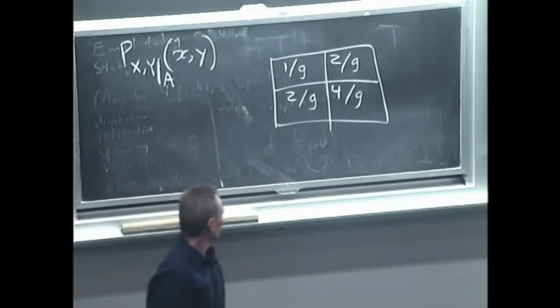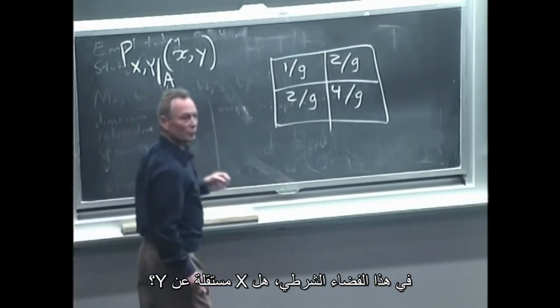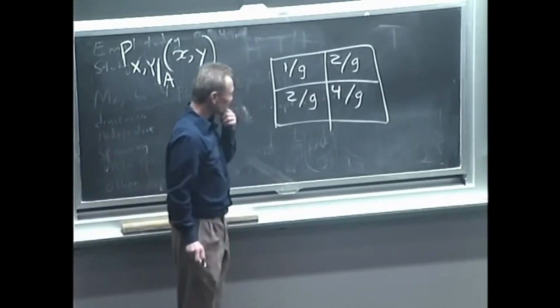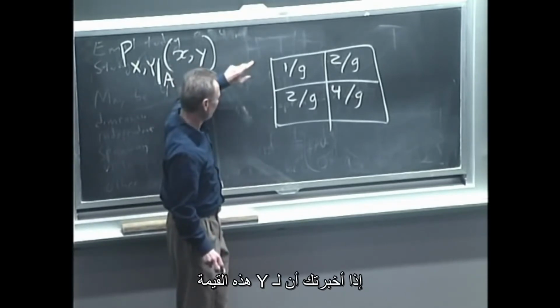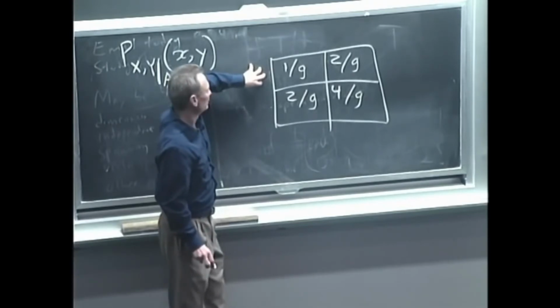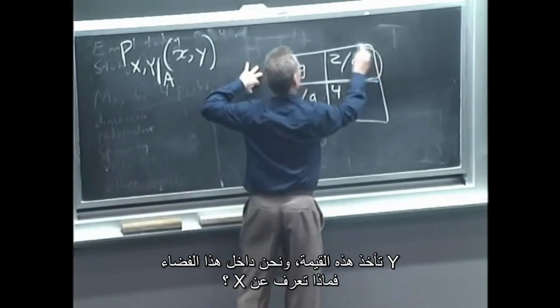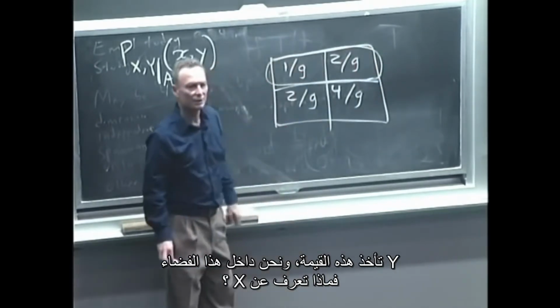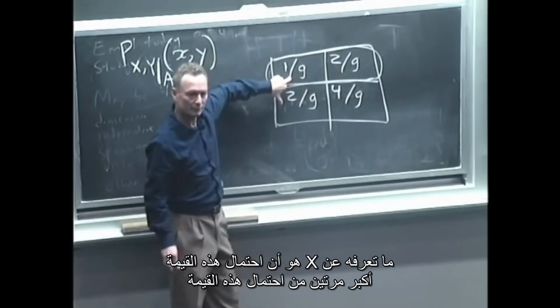Okay. Now, in this conditional universe, is x independent from y? If I tell you that y takes this value, so we live in this universe, what do you know about x? What you know about x is that this value is twice as likely as that value.